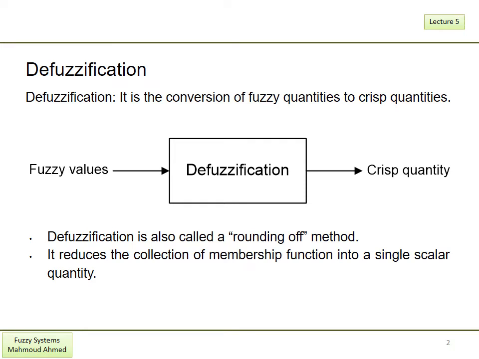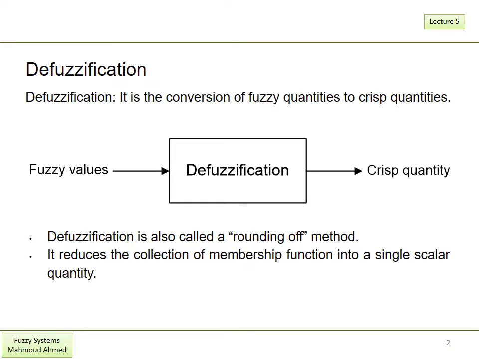Now we are going to do the opposite with defuzzification, in which we convert a fuzzy quantity to a crisp quantity. As mentioned before, a crisp quantity is a classical absolute quantity that can be measured in the environment.